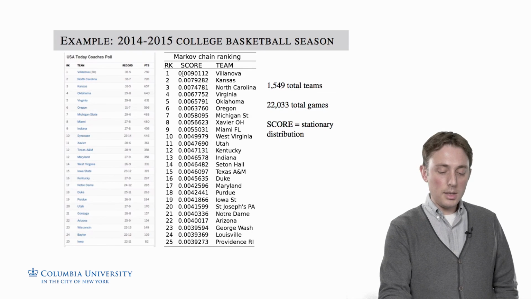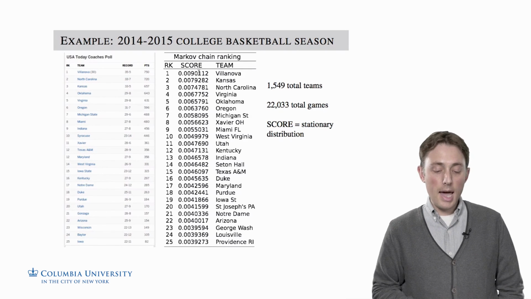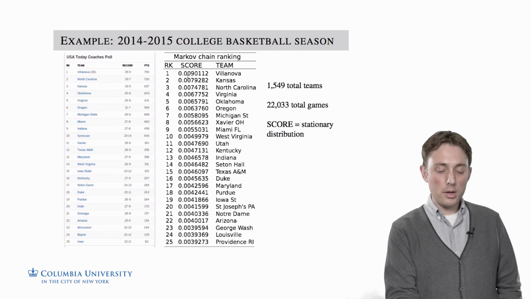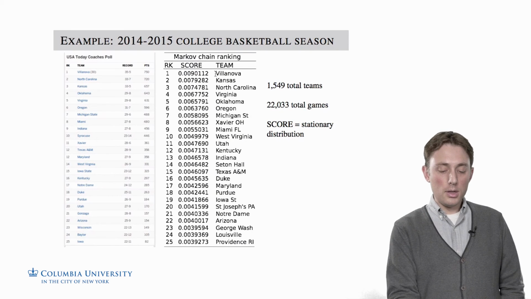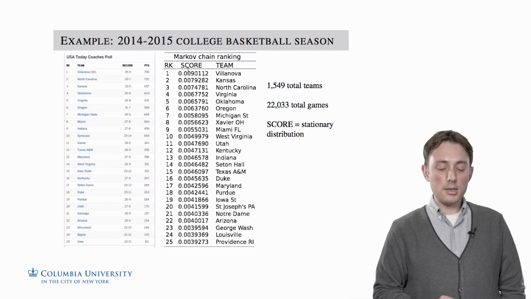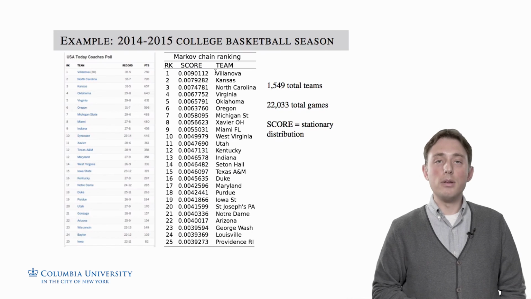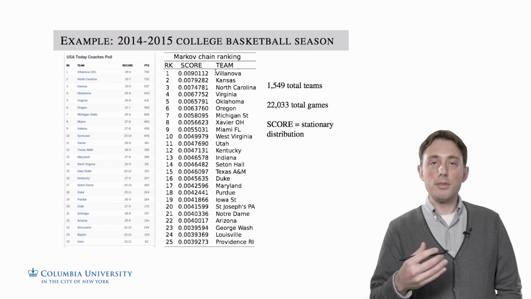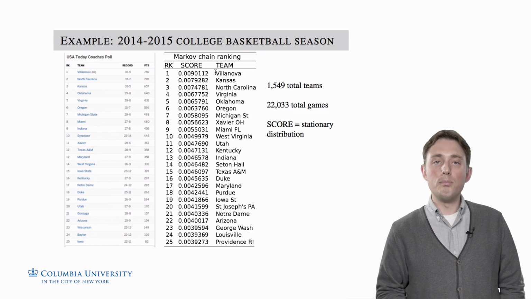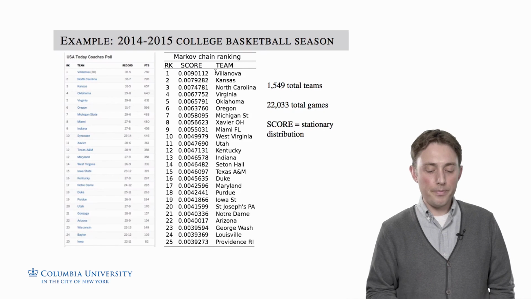This score is the probability of being at that team an infinite number of steps from now. So you see that even though this is the best team, the probability is still extremely low. So the probability of being at the team Villanova is very small, but still more than every other team.